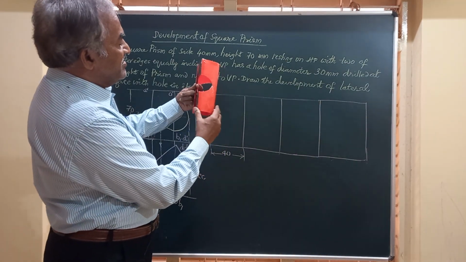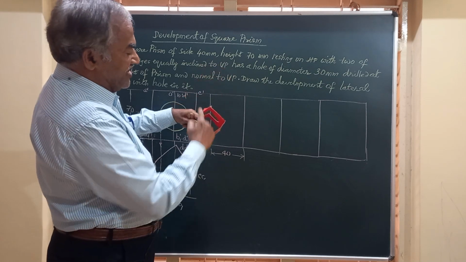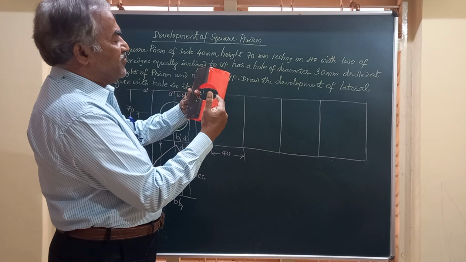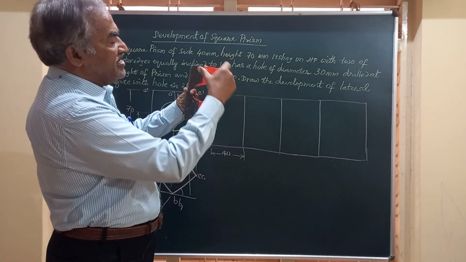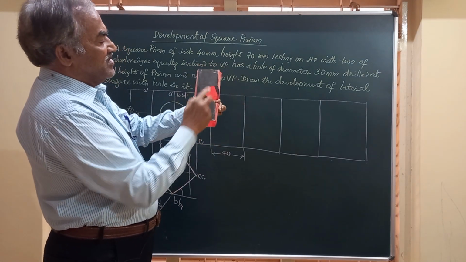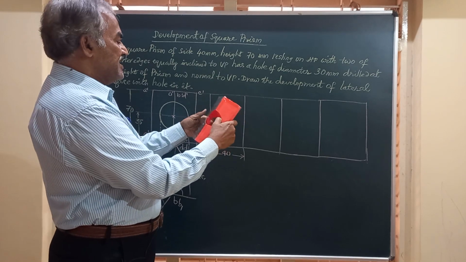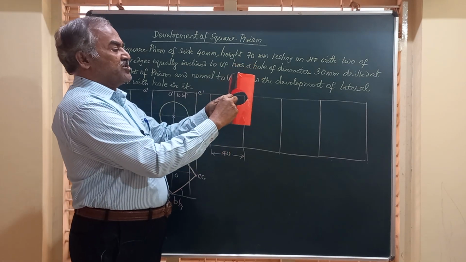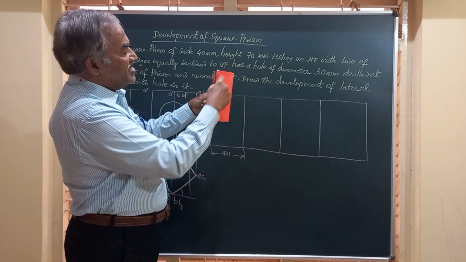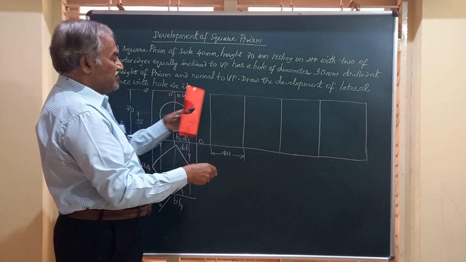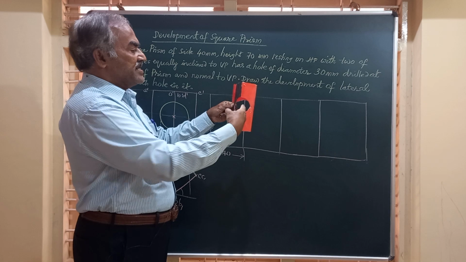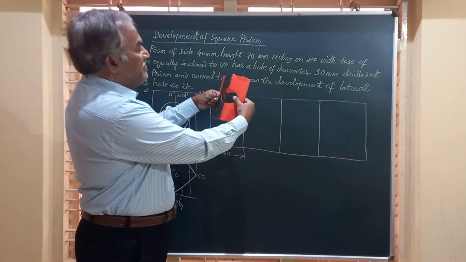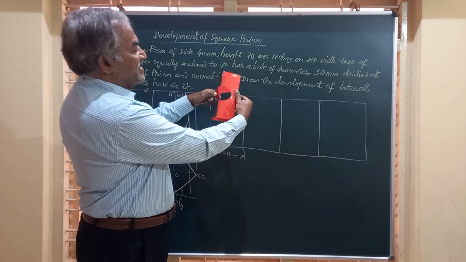This is a square prism, and this is the lateral surface. There are four rectangles, that is 1, 2, 3 and 4. Now I am keeping the solid in this position, so you will be able to see two rectangles in the front view, and a hole is drilled at the mid height of the solid, with a diameter of 30 millimeter.